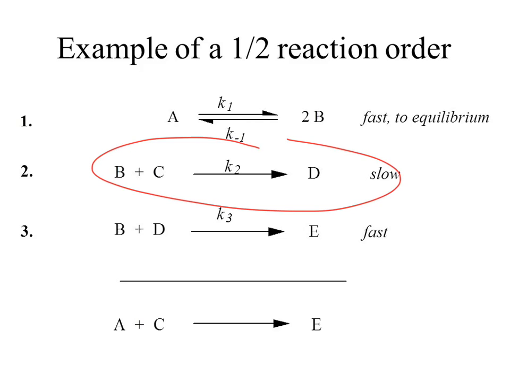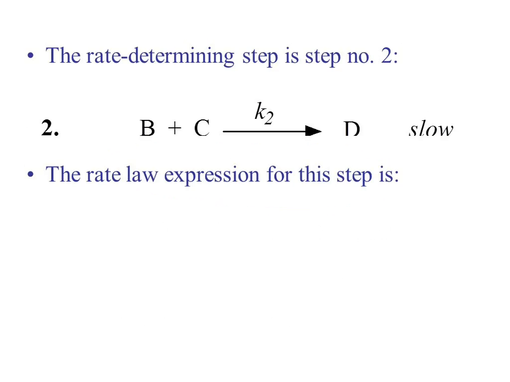But you know what the problem is? B is an intermediate. You know it's an intermediate because you don't see it down here. So we're going to have to fix that. This is to convince you how you can get a reaction order that's not a whole number, a superscript that's not a whole number.